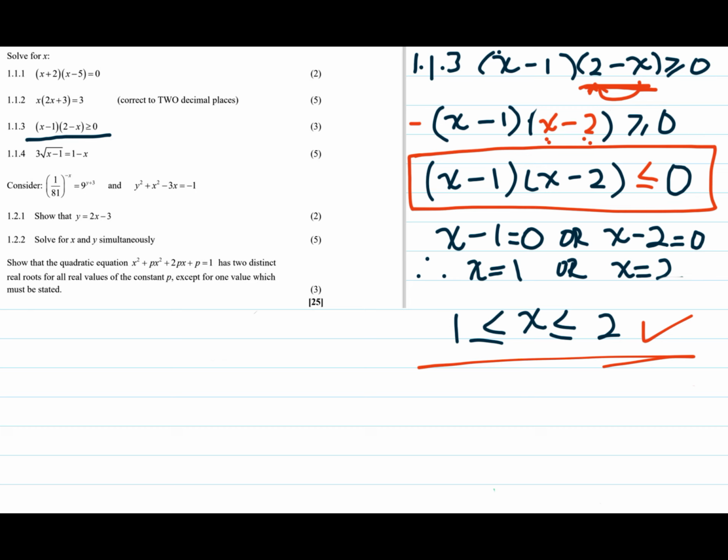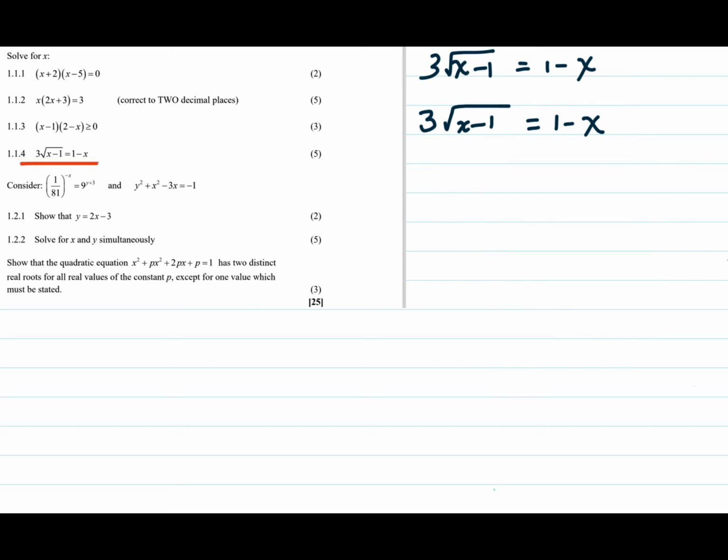Okay, let's move on to 1.1.4. For this question, we see here that we have a square root. So the first thing we want to do is to get rid of the square root. What we're going to do is put the left-hand side in brackets and square it, and the other side and square it. Remember that the 3 also gets squared. So it's going to be 3 squared, and then the square root of x minus 1 is also being squared.